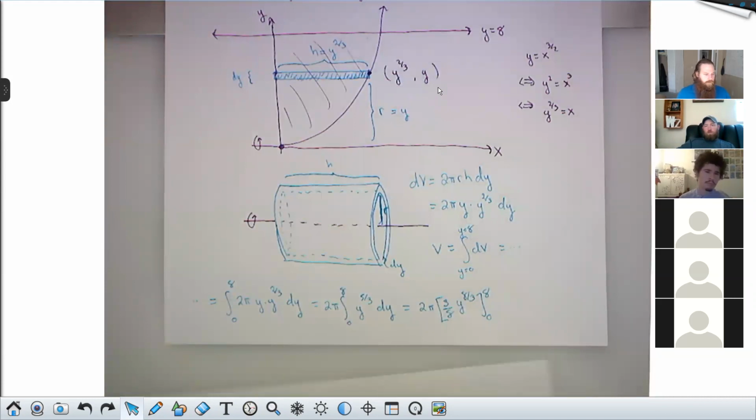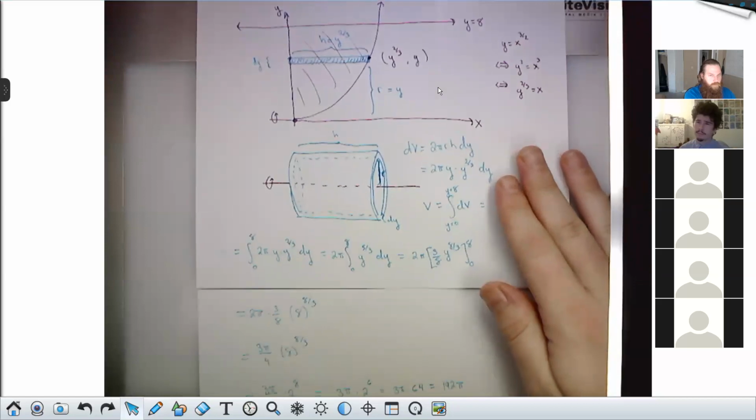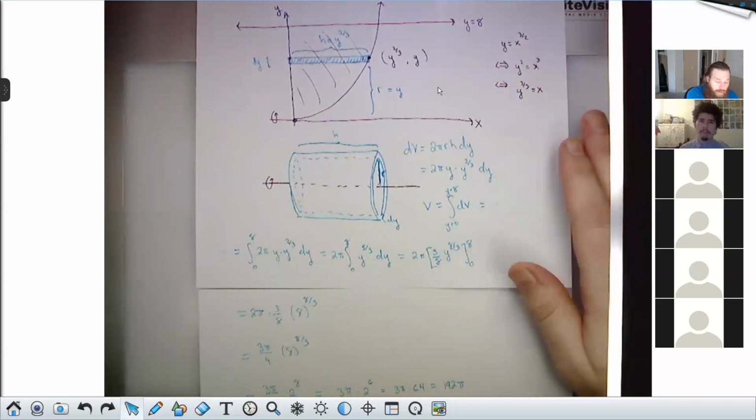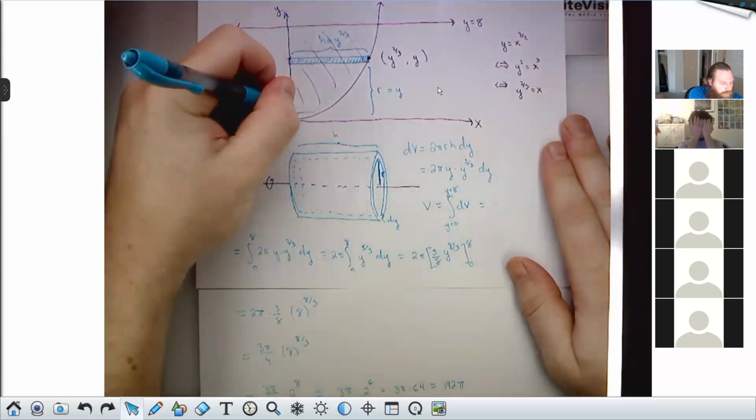Any other questions on this one? Comments, concerns? So are you imagining the blue square going up and down between 0 and 8? Yeah. So I imagine that strip could be down here.